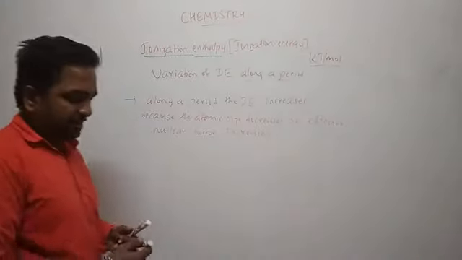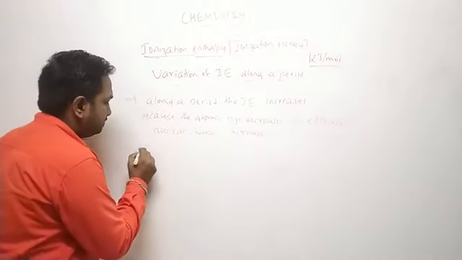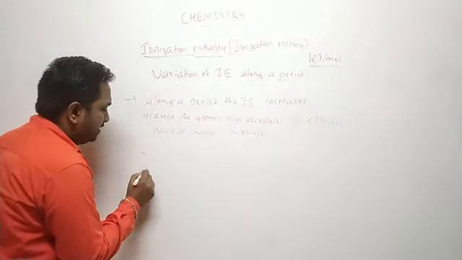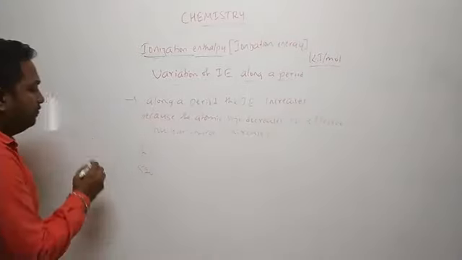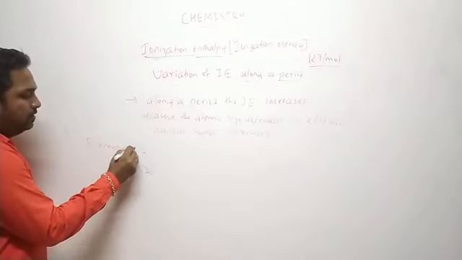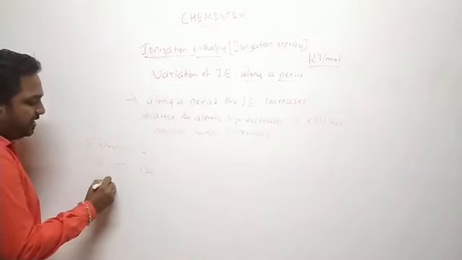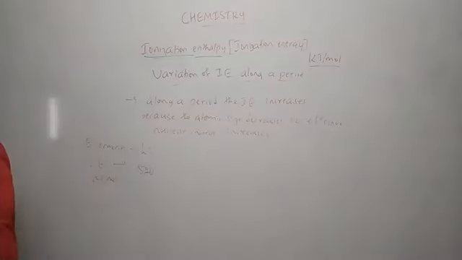Now let's take an example. Along the period, we have lithium. These are the elements, and these are the ionization enthalpies, expressed in kilojoules per mole.